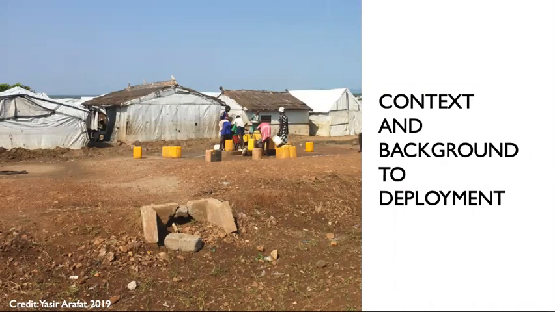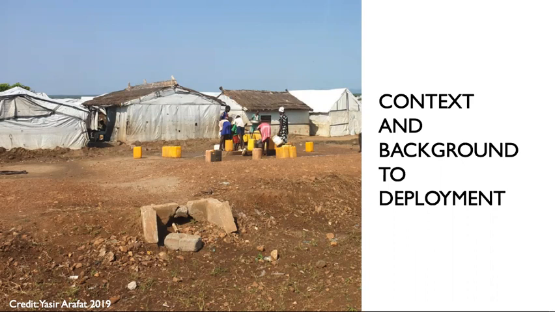As most of you will be aware, South Sudan has been in conflict for more than 2 decades. It was the fight between the North and the South. In 2011, South Sudan gained its independence. Unfortunately, just 2 years after independence, the country went back to civil war.